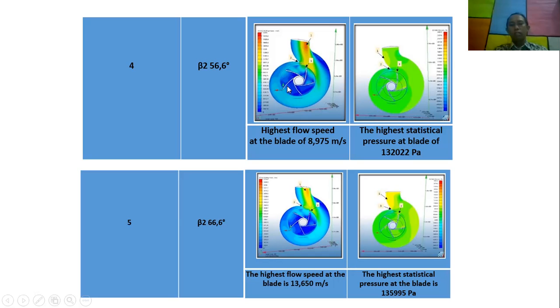And here it is very low. So we have homogeneity and we have the maximum efficiency of PAT. And number 5 impeller, the angle 66.6, the higher flow speed at the blade is 13.65 meter per second, and the higher static pressure at the blade is 13.5 Pascal.